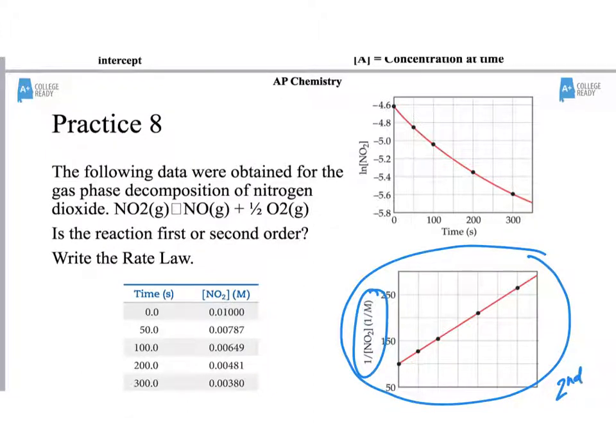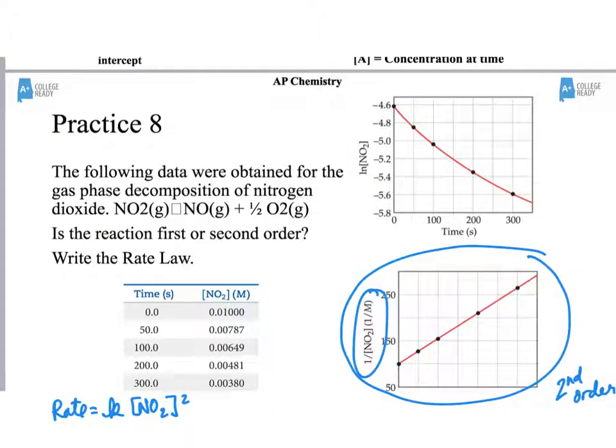Second order. So write the rate law since it's second order. Rate is equal to k times [NO2] to the 2. Simple as that. Recognize the graph, find the straight line, know which order it is, write the rate law.